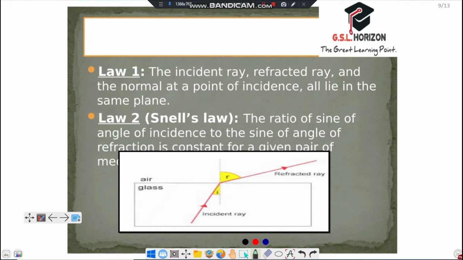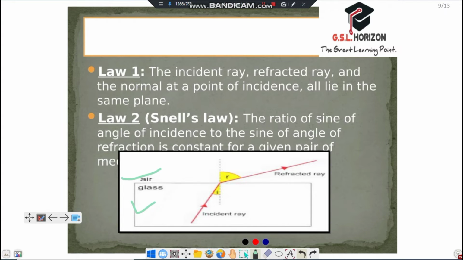Friends, as you can see here, the laws of refraction. Dear friends, the first law is: the incident ray, the refracted ray, and the normal at the point of incidence all lie in the same plane. As you see on your screen, this is glass and air.